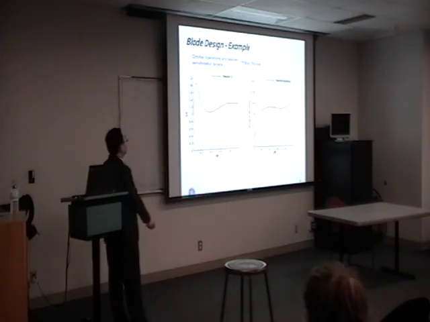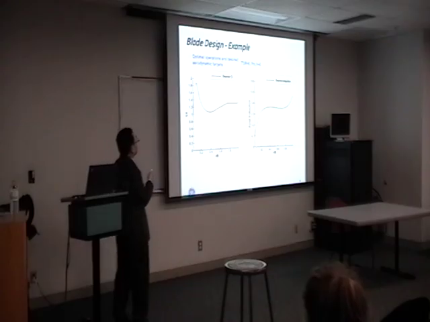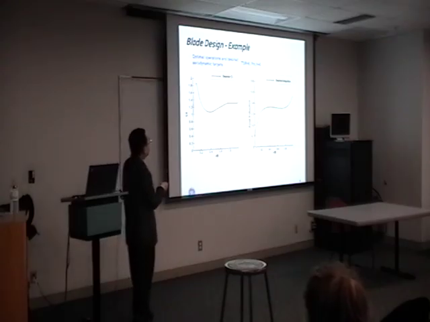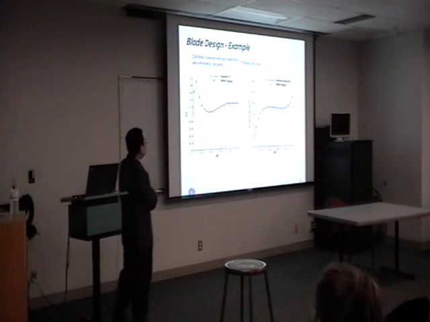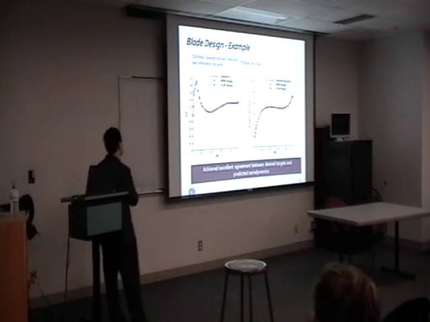So this is an example of blade design. Let's assume our target tip speed ratio is 9 and pitch angle 0. And this is our desired CL and axial induction. I use the BEM design and BLM design, and both give excellent agreement with the desired target.